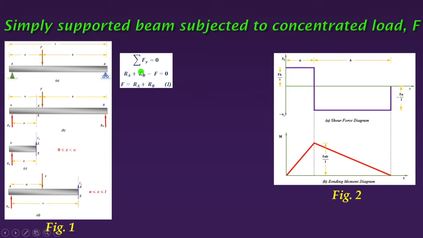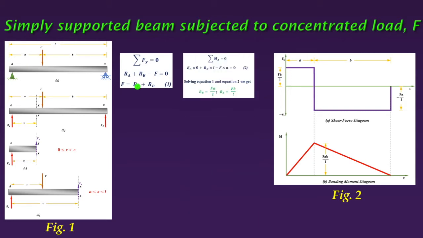Ra and Rb both are upward, let's consider them positive, and F is downward, so it is negative, that equals 0, or F equals Ra plus Rb. But this is not a sufficient condition to find out the value of Ra and Rb. Now use the other equation and condition.